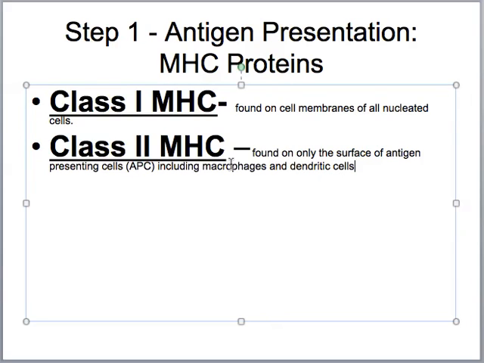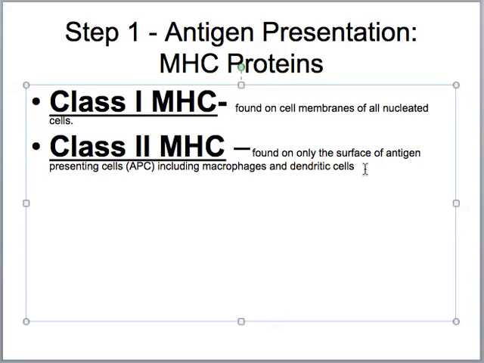Dendritic cells are cells that are found in certain tissues like the spleen, etc. Certain lymphocytes can also be antigen-presenting cells. What I'm saying is that class 2 MHC proteins are found on macrophages, dendritic cells, and some lymphocytes.